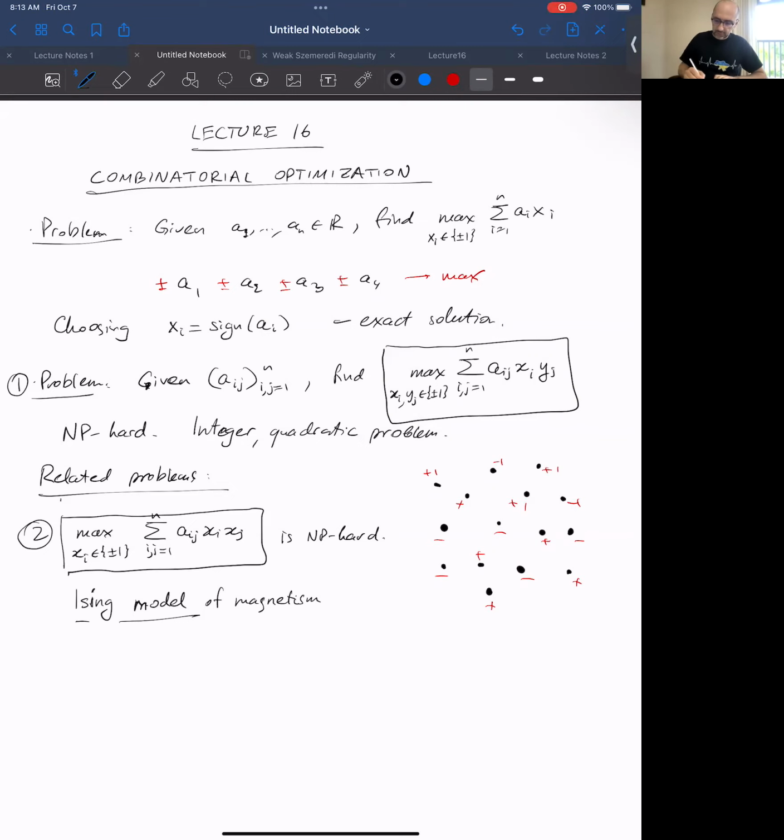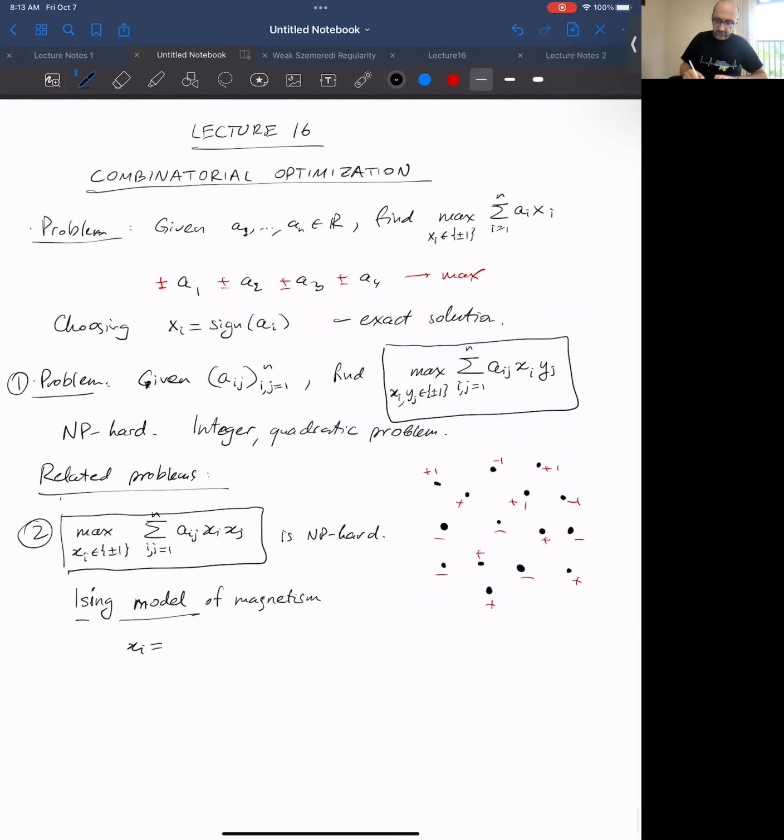So again, the Ising model of magnetism: xi is the state of atom i. In this case, the spin is the state, so ±1. Aij is the strength of interaction, the derivative of energy, the interaction between atoms i and j.